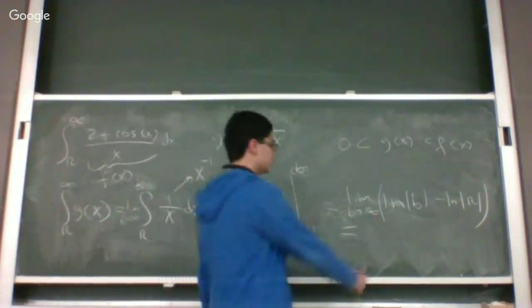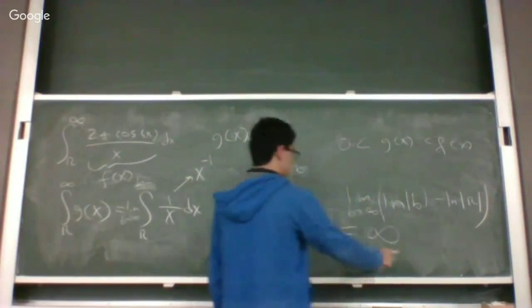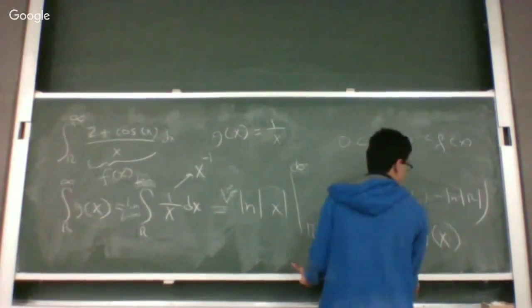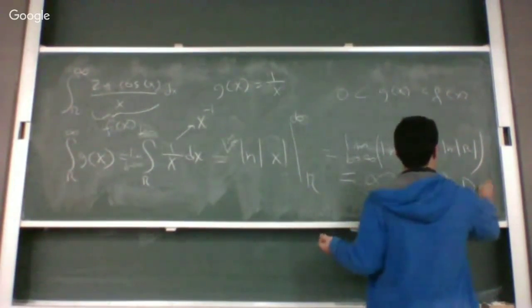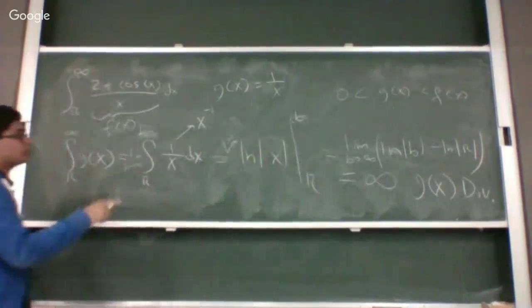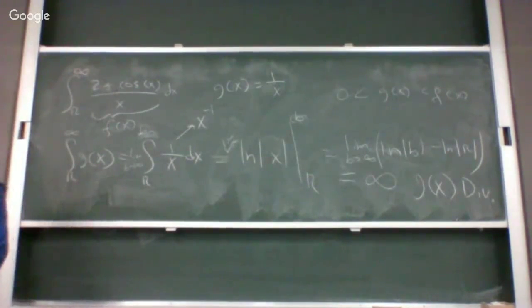Yeah, because the natural log of infinity is infinity. And since it goes to infinity, we know g of x diverges. Okay? Since we know the smaller function diverges, the bigger function has to diverge as well. Does that make sense?